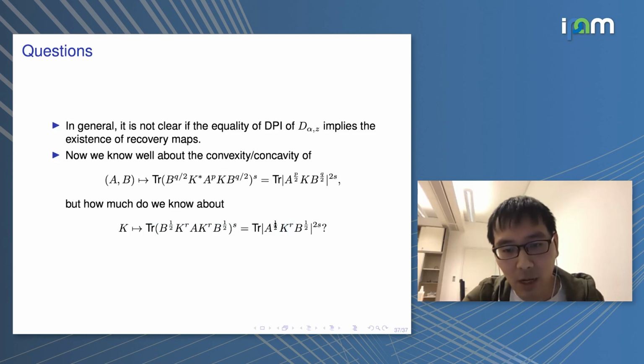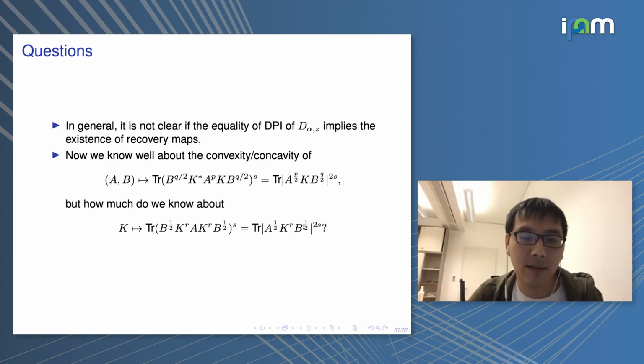And here the powers of A and B, they don't matter in general. Maybe this is just my lack of knowledge, so I don't know. Certainly there are some partial results, but I don't know the convexity and concavity of these trace functionals for general A, B in full generality. So this is my last question, and that's all that I want to say.